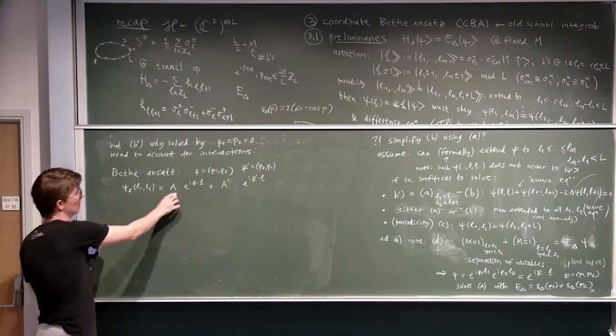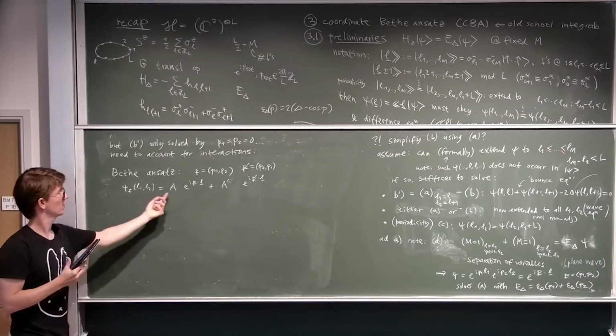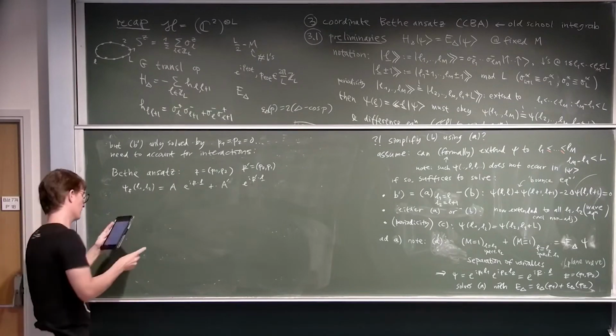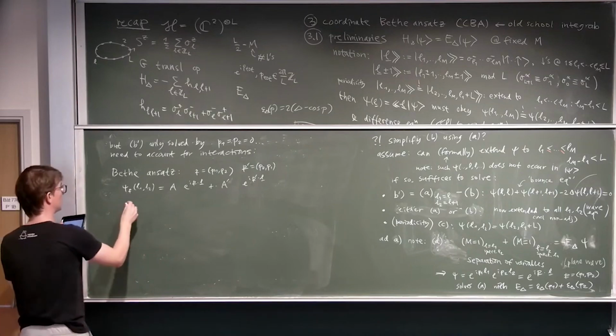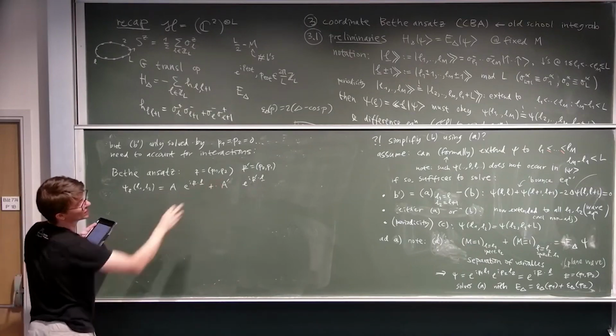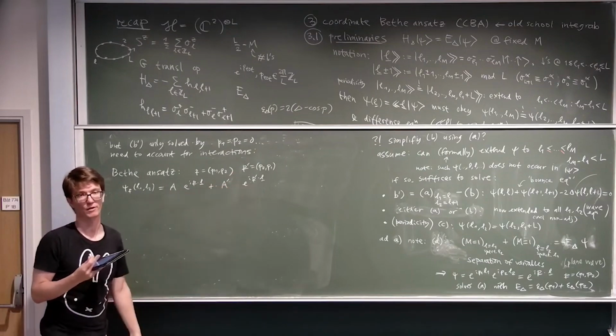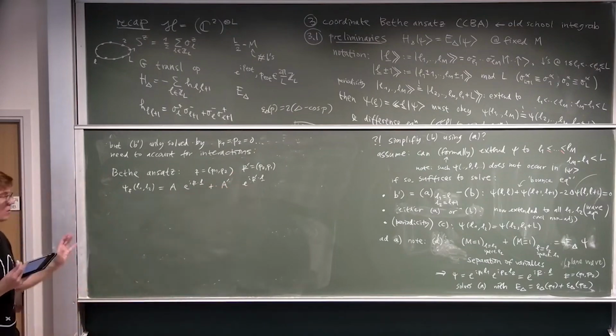And now these coefficients, if it's going to work, will somehow account for the interaction when these two down spins are sitting adjacent. Note that if we do this, then our assumption is fine. This wave function doesn't have any poles at equal values of L1 and L2. So the assumption is okay.